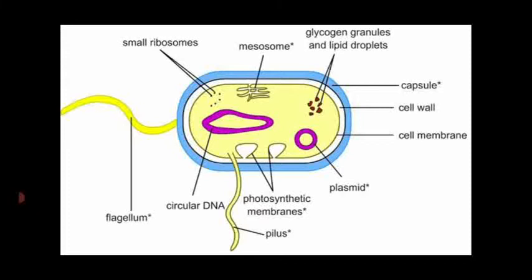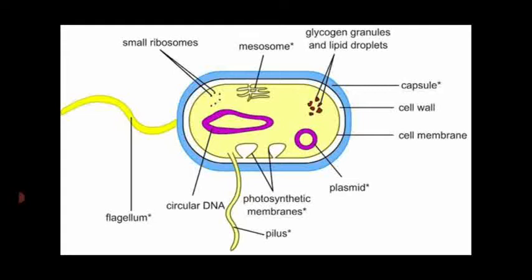Another one, the region of the plasma membrane which is showing white in color has the photosynthetic pigments for photosynthesis. Then in the center of the cytoplasm, there are two DNAs. One is the circular DNA, which is single-stranded, named as bacterial chromosome.